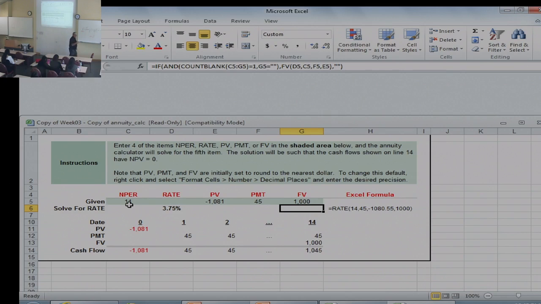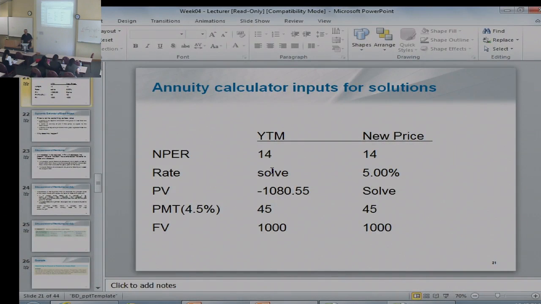So, a very simple calculation using the annuity calculator. Solve for y, 3.75%.